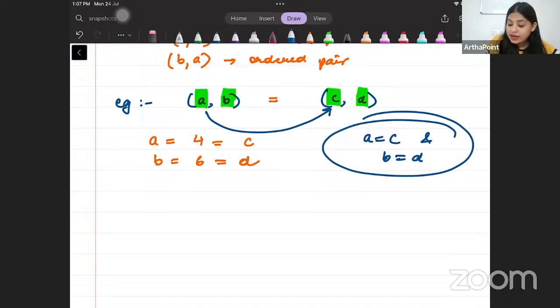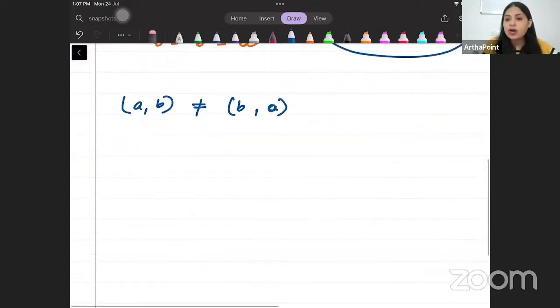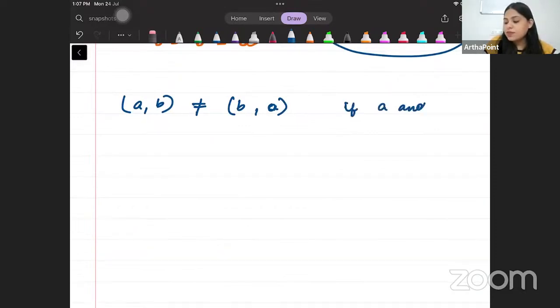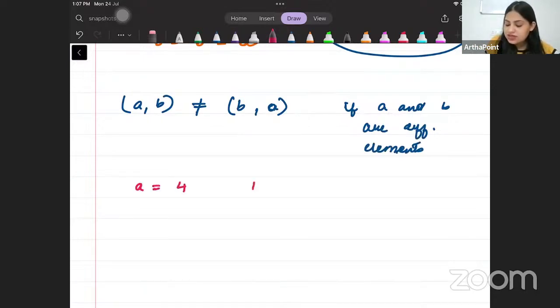But note that A comma B is not equal to B comma A. ये ordered pair equal नहीं होते हैं at all times, if A and B are different elements. थोड़ा सा समझो इस बात को. Let's say that A is 4 and let's say B is 6.